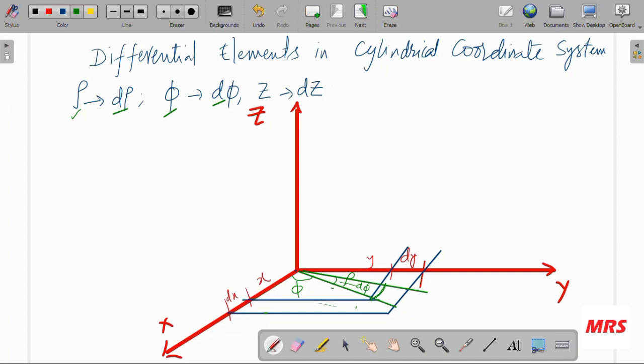Now taking rho as radius and O as center, we can draw a circle here like this. And taking rho plus d rho as radius, you can draw one more circle here. Then you can get two curved surfaces here facing d phi. Let us indicate the 4 points here. These 4 points are projecting towards the z-axis with a distance of z along the z-axis.